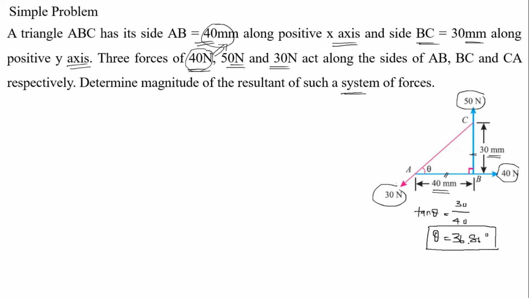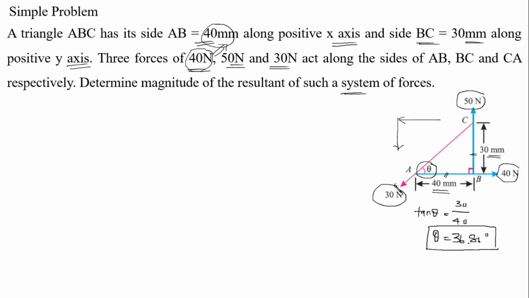See, whatever may be the forces acting at an inclined position, we have to resolve into two forces. One is horizontal, another one is vertical. So this 30 Newton is inclined 36.86 degree with respect to the horizontal axis. So this AC is divided into two components. One is the vertical component, another one is the horizontal component, right?